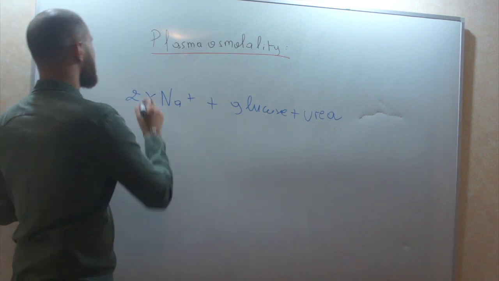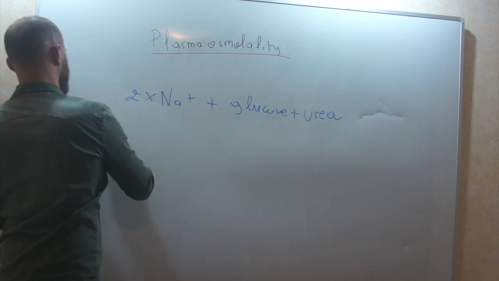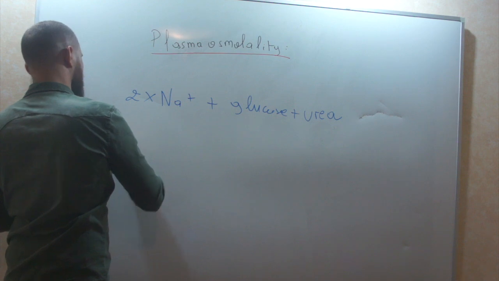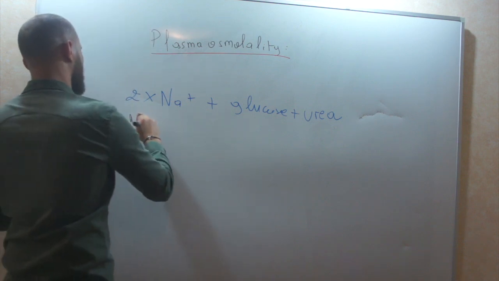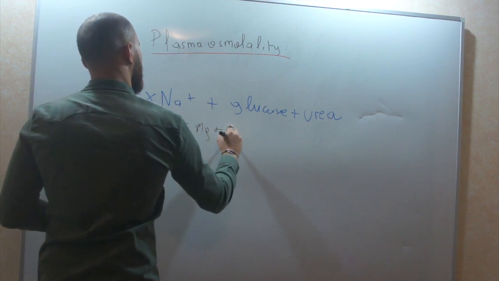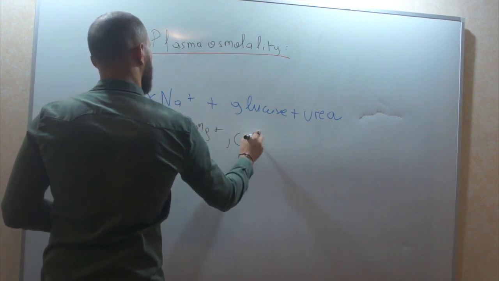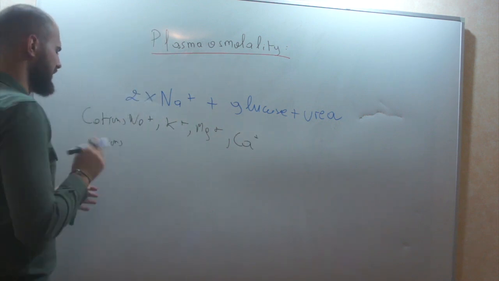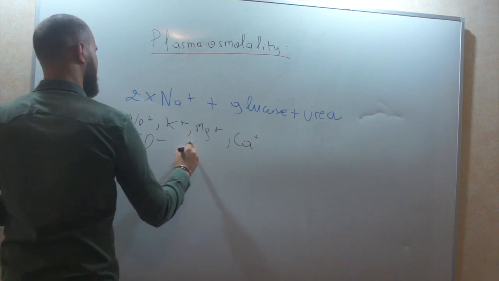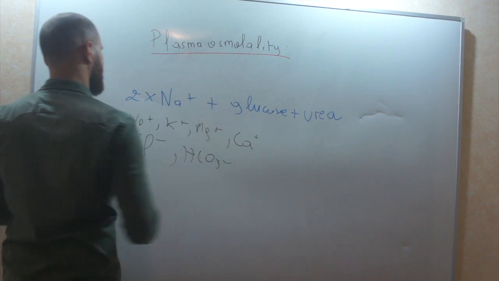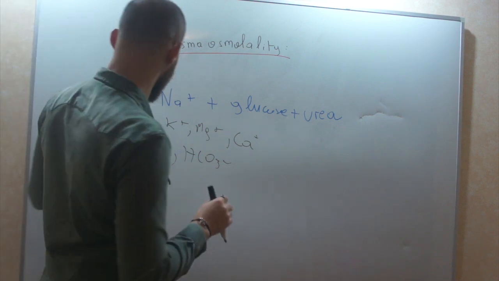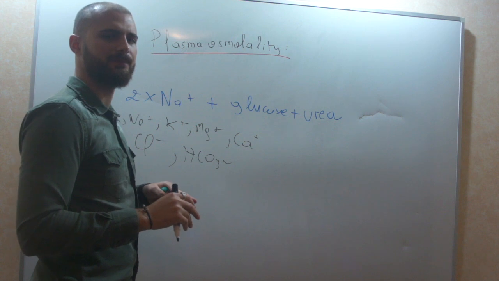Because we have the cations and the anions. Among the cations we have sodium, potassium, magnesium, calcium, and among the anions we have chloride, bicarbonates, etc. In the last video I gave the values for all of them.